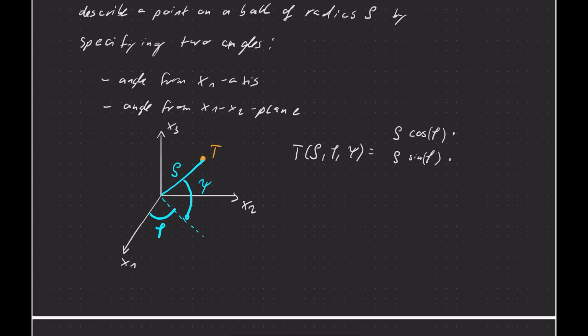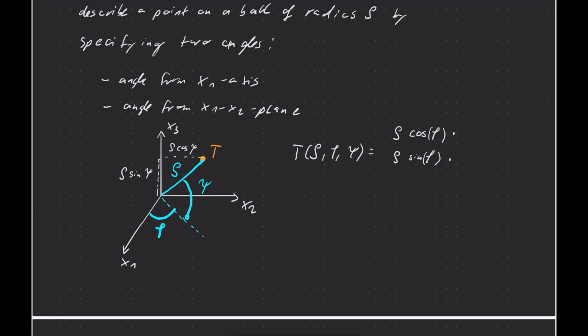Now this psi comes into play. And that psi basically determines the third coordinate. So this third coordinate here, that can be described as rho sine of psi. And this here, that second coordinate, that is rho cosine of psi.